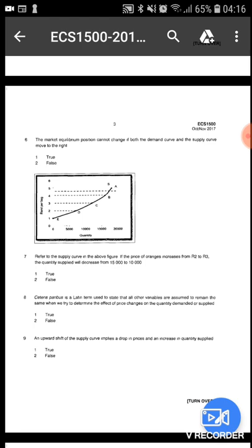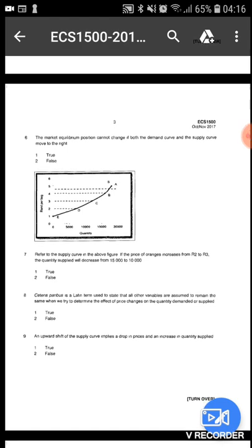And then if you rise to 3 rand at point C, you'll see 15,000 quantity. So it means the increase in the price per bag leads to the increase in the quantity.